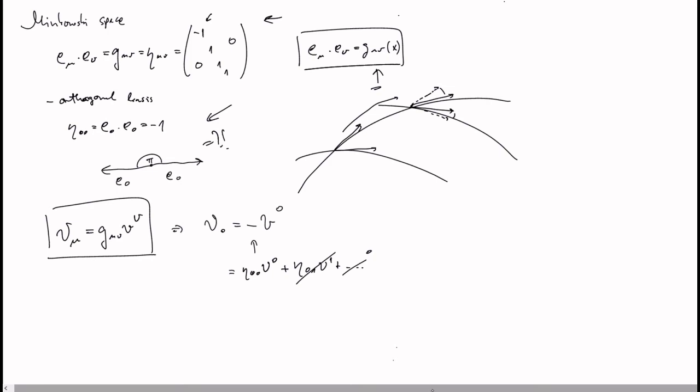In some other metrics you will see, like in GR, there are spacetimes in which you have g_0 nu components which are not zero, for nu being a spatial index. And then this relationship would look a lot different. So please always think in terms of this relationship, even if you're in Minkowski space, because it will help you think about how to implement the metric.